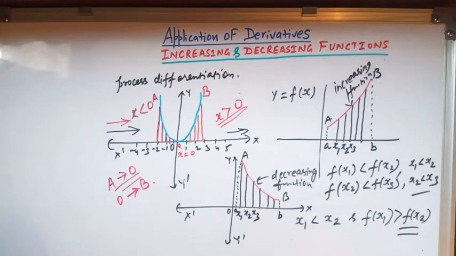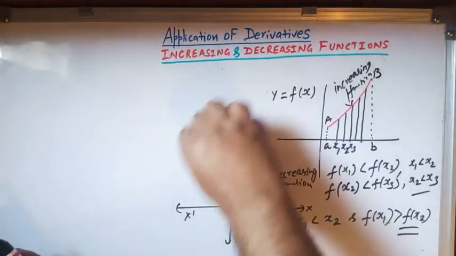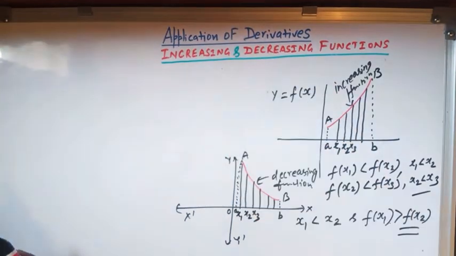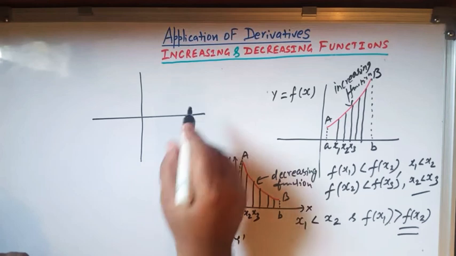Let us take one more graph here. Suppose the graph of a function is like this.